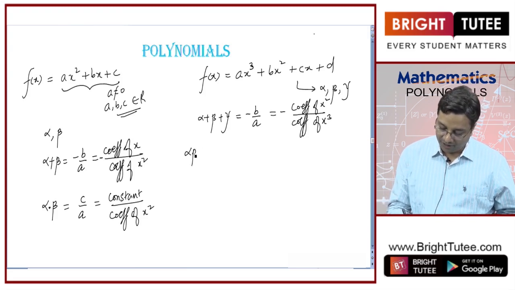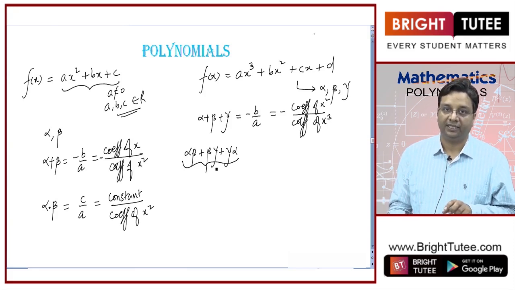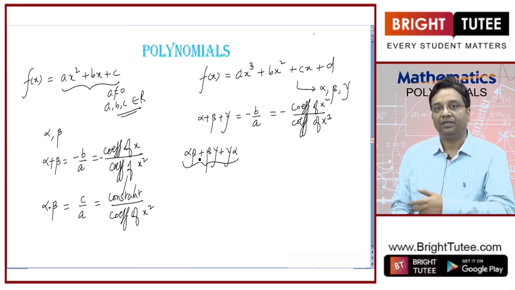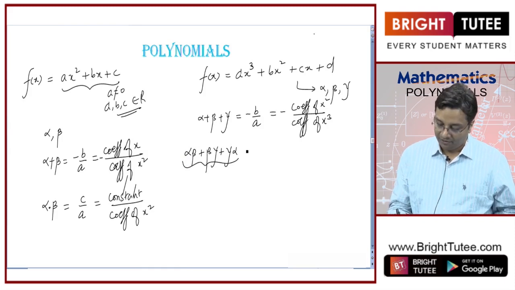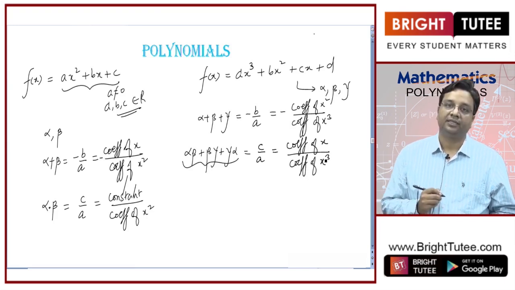What was alpha beta plus beta gamma plus gamma alpha? That is sum of roots taken 2 at a time, right? Alpha beta, beta gamma, gamma alpha, and then sum. It was equal to c by a, which means coefficient of x divided by coefficient of x cubed, right?